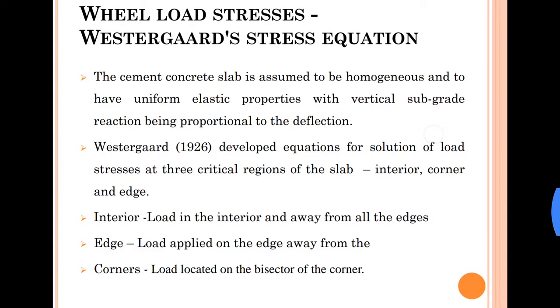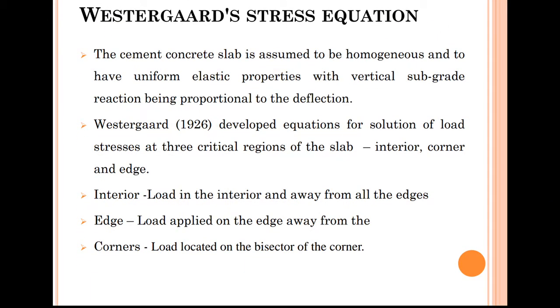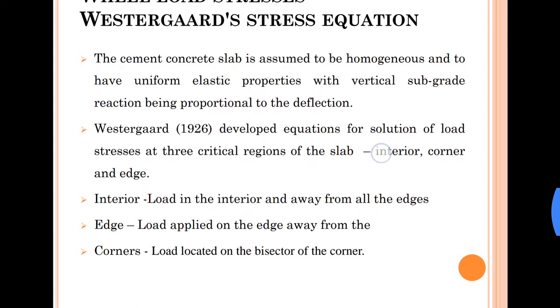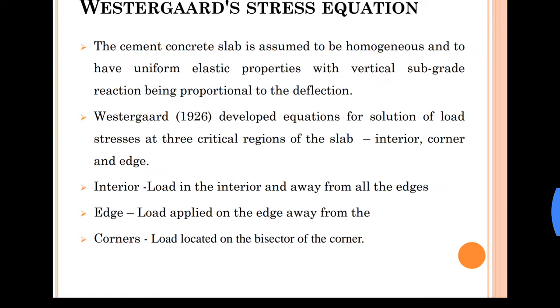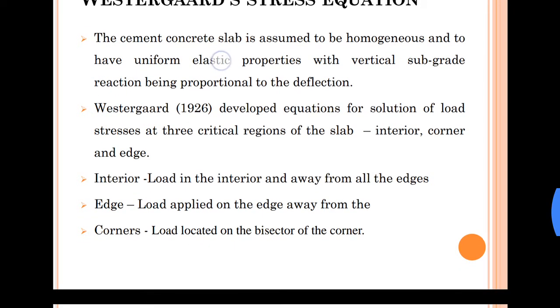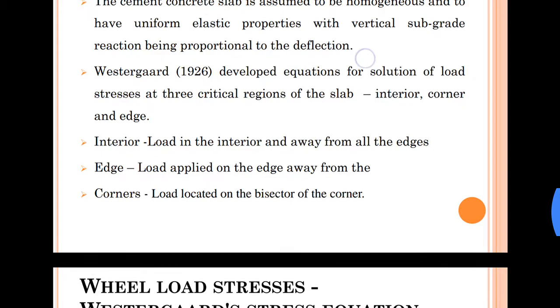Now we have wheel load stresses as per Westergaard's stress equations. So what are the equations that Westergaard has given us to find out the stresses that develop in the concrete? The cement concrete slab is assumed to be homogeneous and to have uniform elastic properties, with vertical subgrade reaction being proportional to the deflection.